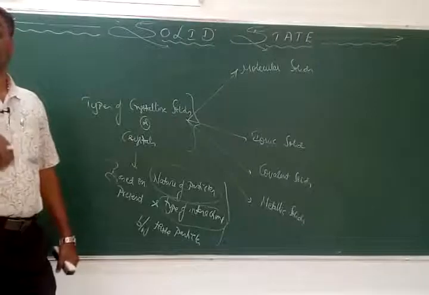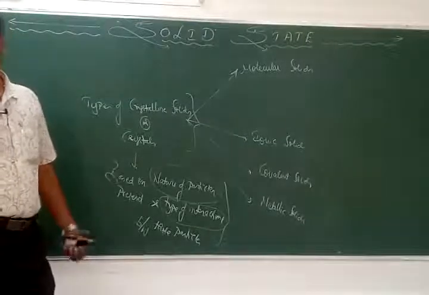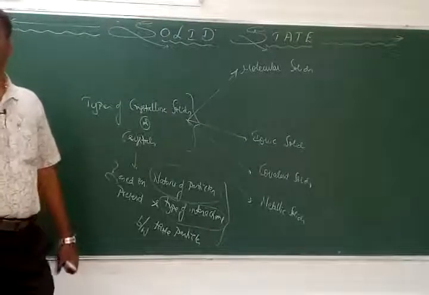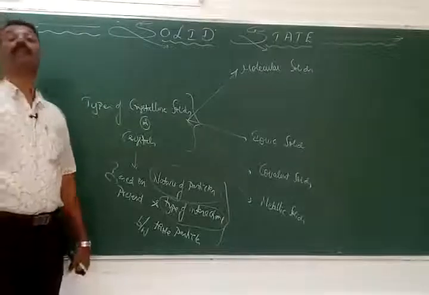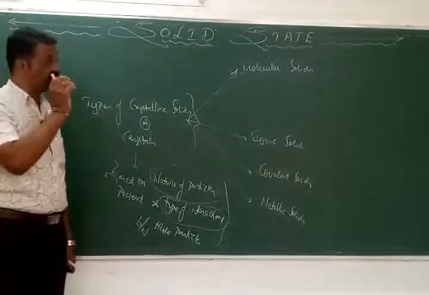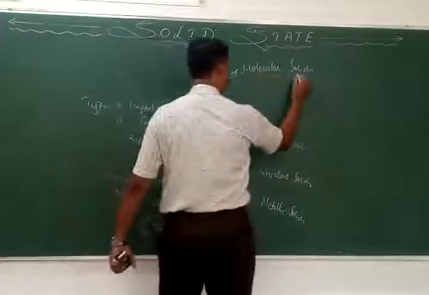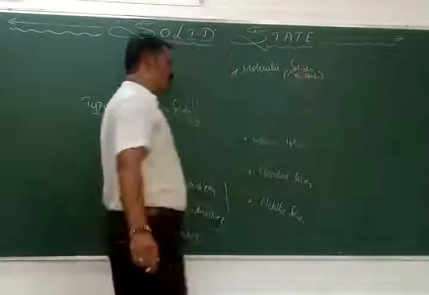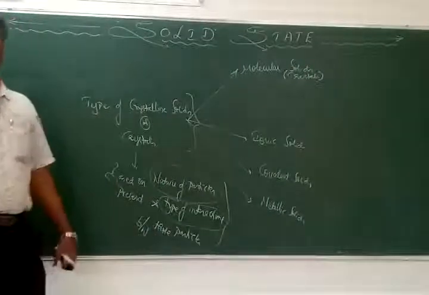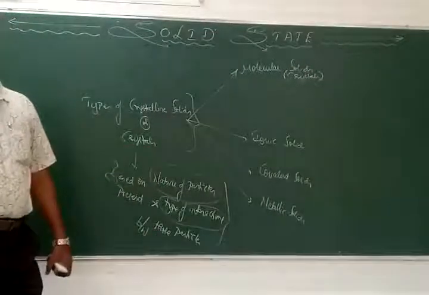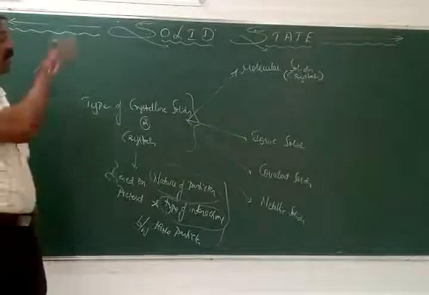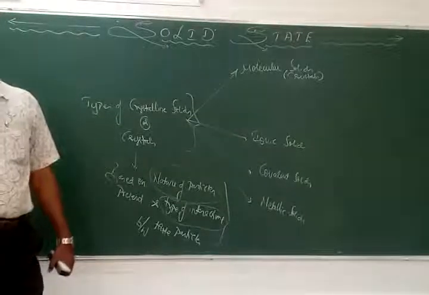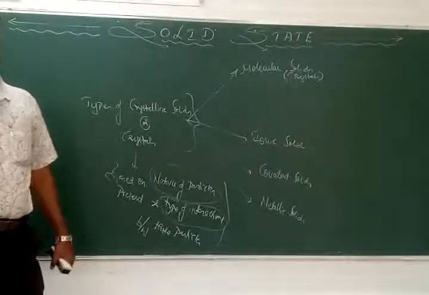Why are they particularly called crystals? Because we are concentrating only on the regular arrangement of the particles, but not the irregular arrangement of the particles as in the amorphous solids. That is why instead of solids I can put crystals: molecular crystals, ionic crystals, covalent crystals, and then the metallic crystals. The details of these 4 different types of crystals we will discuss in the next session.